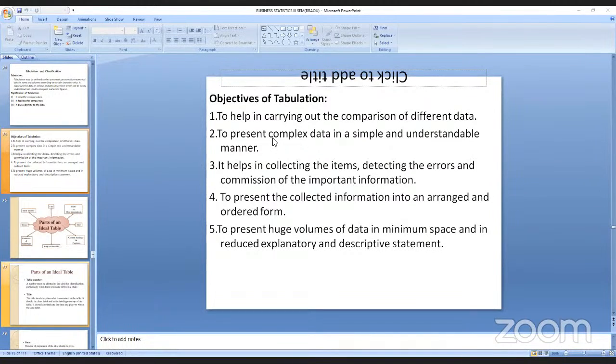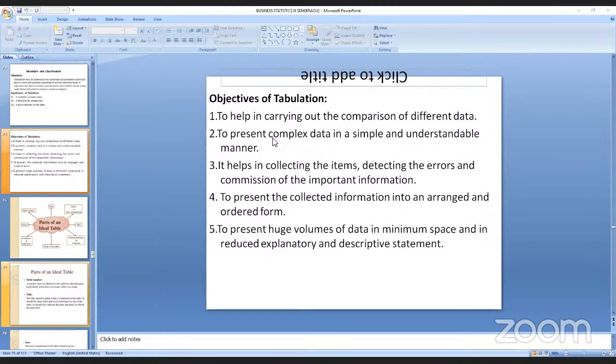Now these are the objectives of the tabulation. What is the objective? First, carrying out the comparison, means comparing one table to the other table is one objective. Next is to present complex data. Whether the data is very simple or very difficult, when you put it in a table, it is very easy to understand.